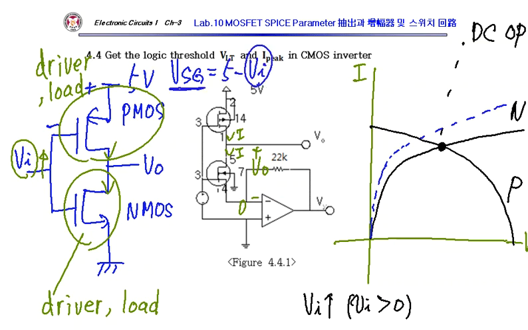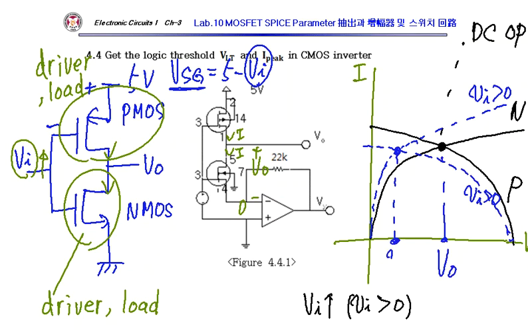Vi increases, this amount is reduced. So PMOS current is reduced, right? So this is my new operating point, right? So from my DCOP, my small signal VO becomes negative, right?